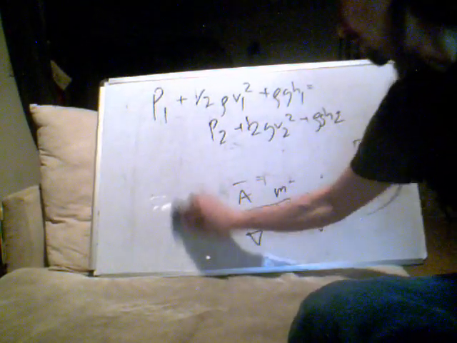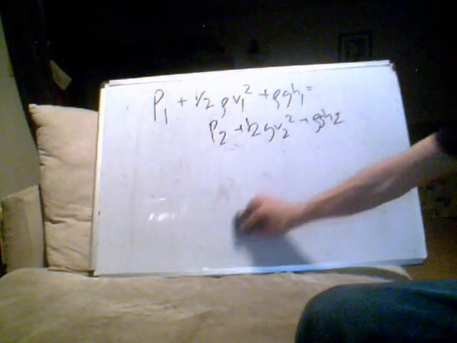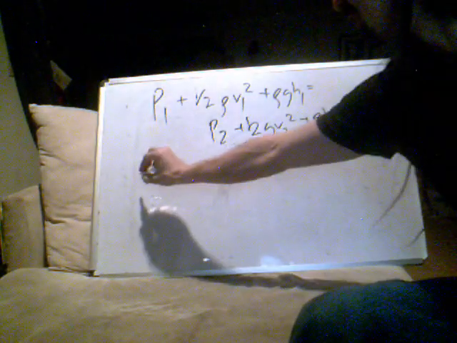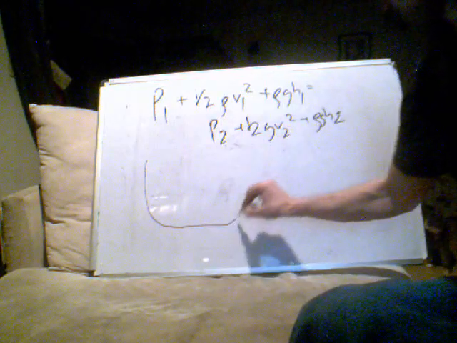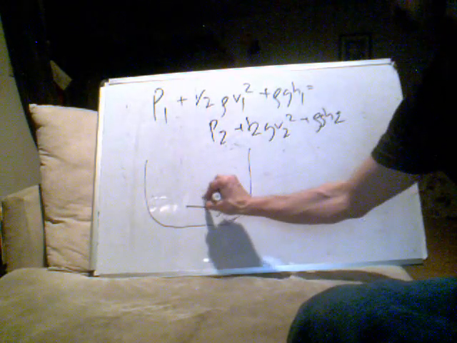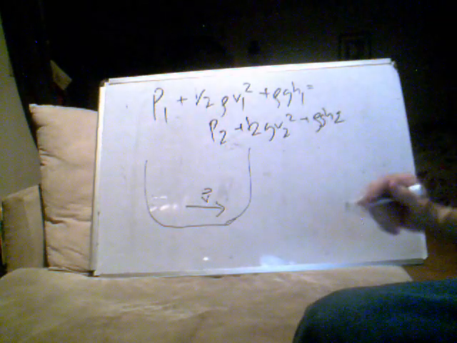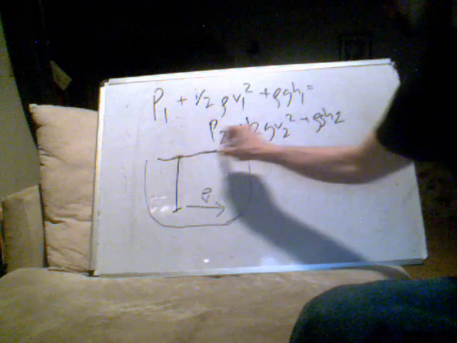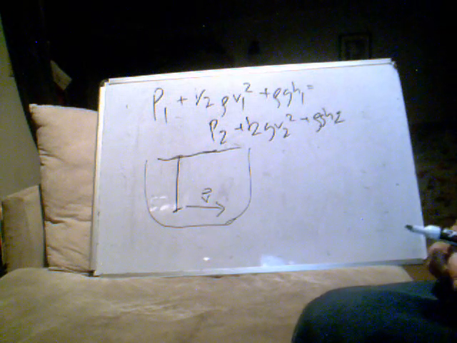Now, let's try to give you some kind of example. Let's say that you've got some water reservoir, right? And you just so happen to know that down here at the bottom, it's moving with a certain velocity. You're going to know what the pressure is because you know the height of the fluid column above it, right?